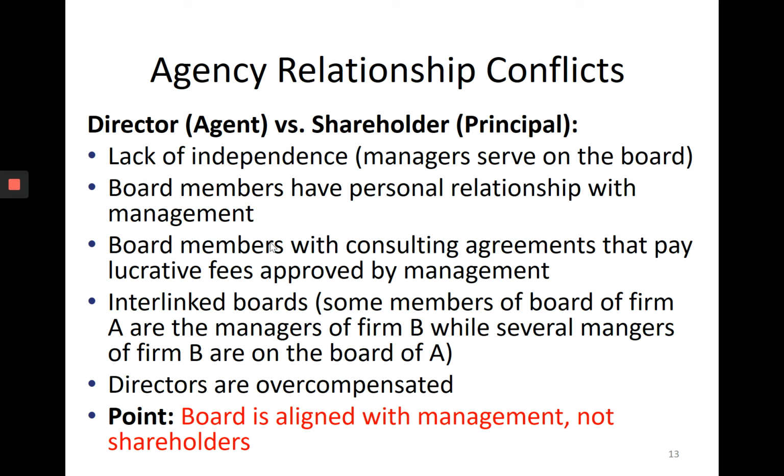That is where some board members of firm A are managers of firm B, and then several managers of firm B are on the board of A. This more complicated relationship ties the board members and the managers to each other, and puts them in a position where, if the board doesn't do the best for the manager in firm A, then the relationship in firm B might be such that there are reprisals and this particular individual is disciplined.